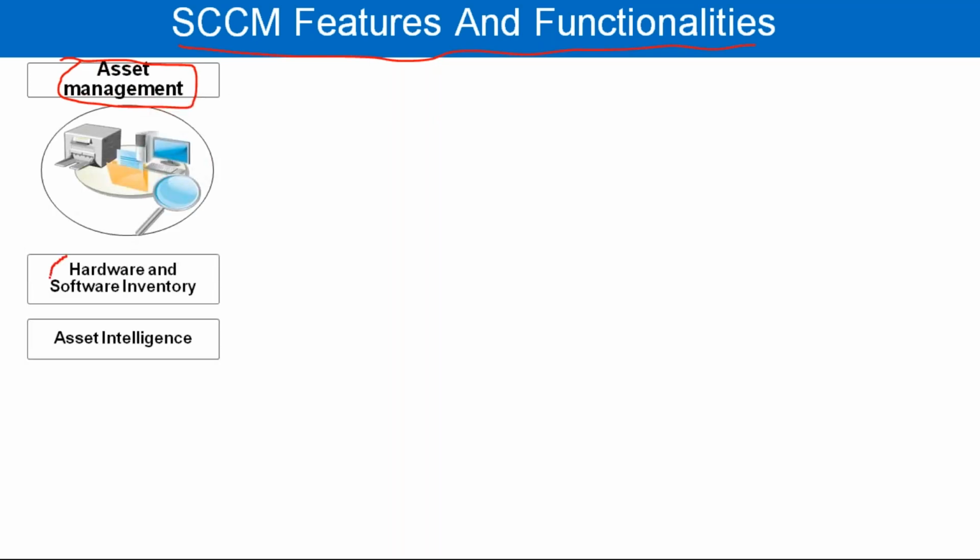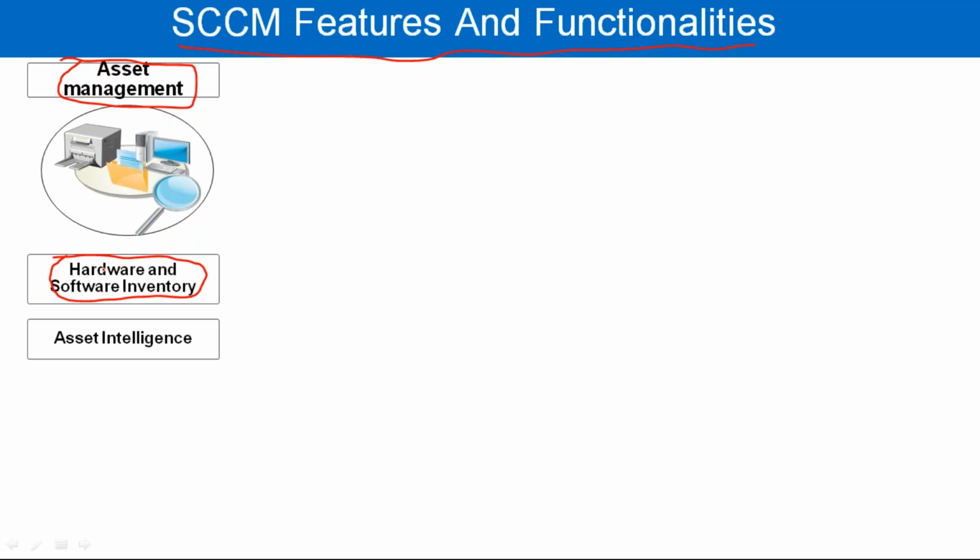Then we have SCCM's feature and functionalities. So what all things SCCM can do? So it does asset management. So in asset management, it does software and hardware inventory. So let's say if you have 5,000 devices or 50,000 devices, to find out the hardware configuration of all the computers, or what all software installed in all the computers, right?